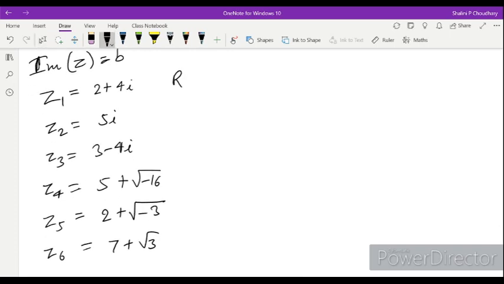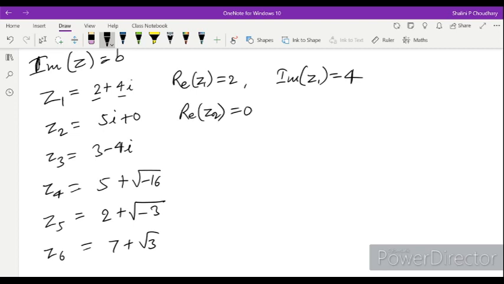In this case, real part of z1 is 2, and imaginary part of z1 is 4. Similarly, in the second case we don't have any real part, so we can write plus 0. So real part of z2 is 0 and imaginary part of z2 is 5.